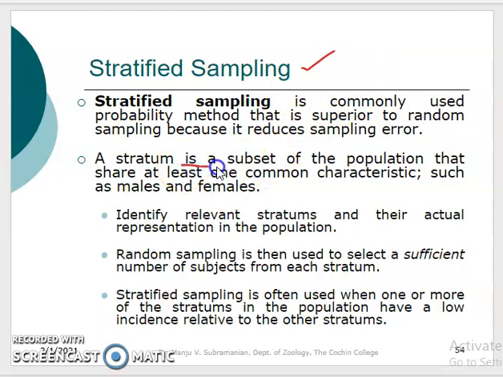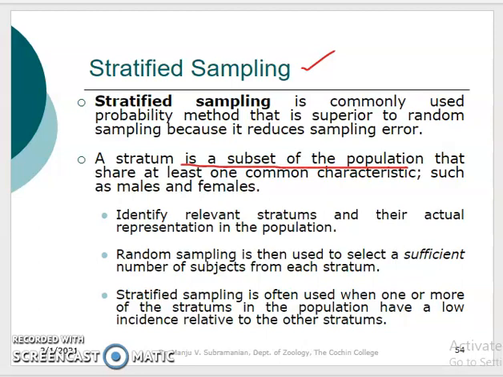A stratum is a subset of a population that shares at least one common characteristic, such as males and females. So identify the relevant strata and their actual representation in the population. Random sampling is then used to select a sufficient number of subjects from each stratum. Stratified sampling is often used when one or more of the strata in a population have a low incidence relative to the other strata.